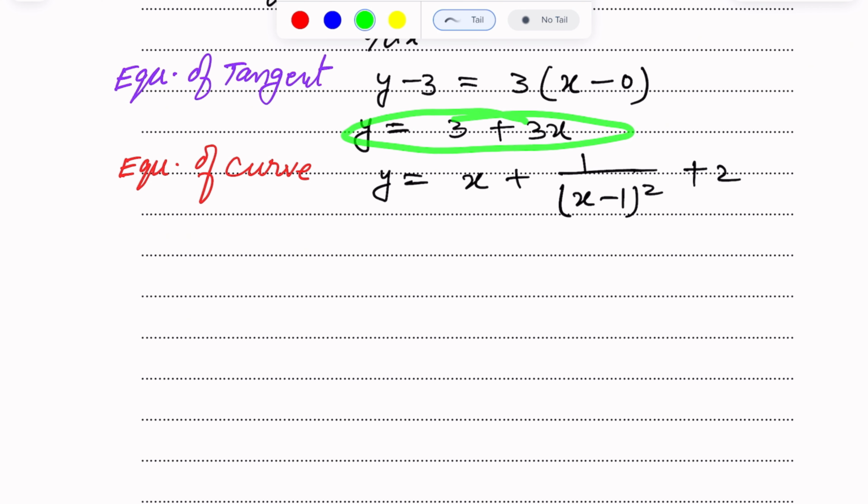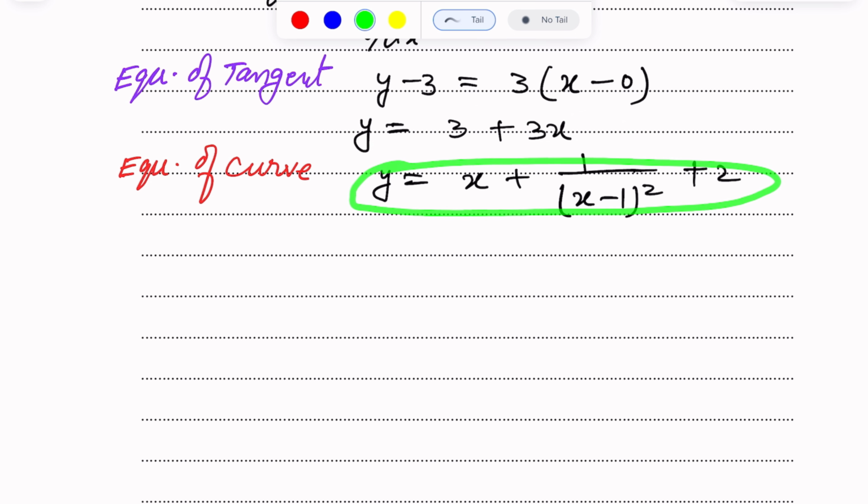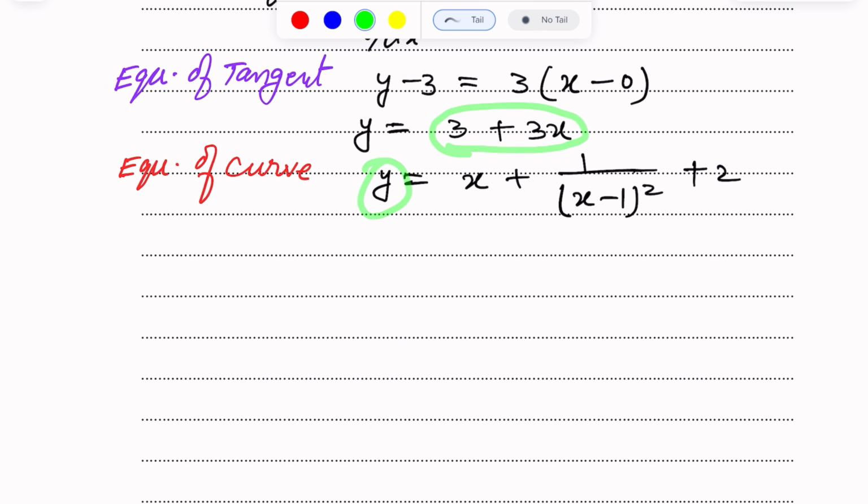This is the equation of tangent. This is the equation of curve. We will solve these two equations to find the point of intersection. Now we will put this value of y here.